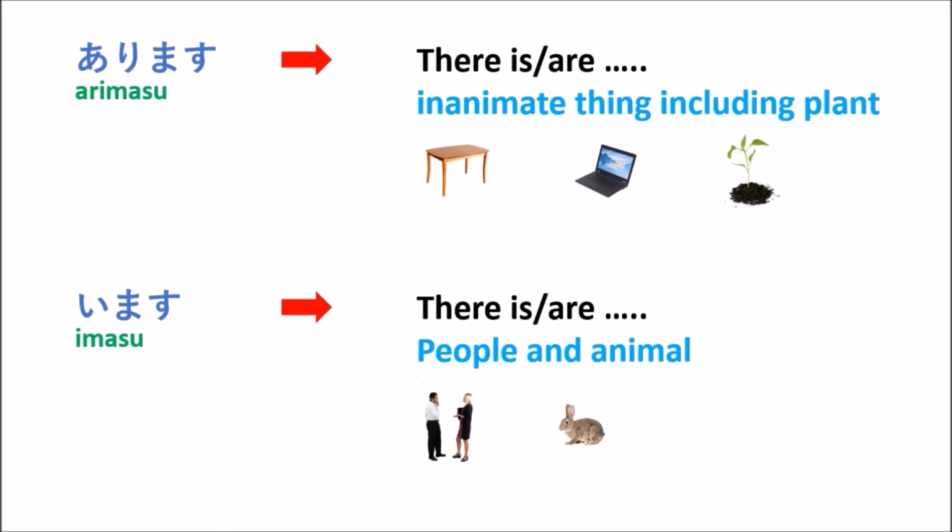That means when you use imasu, you use it with things that have a life, or can be animate. The special thing to remember is that even though a plant is not animate, it also uses arimasu, not imasu.